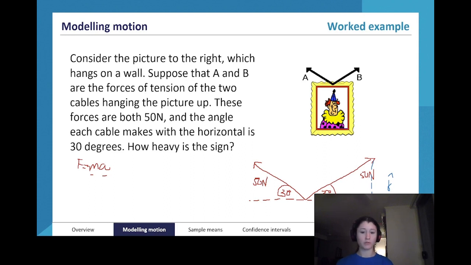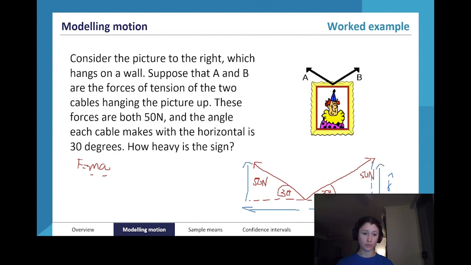So our resultant force is going to be the addition of these two j components and the subtraction of the two i components. Of course, because the i components are both being pulled away from each other, but the j components are both being pulled upwards.